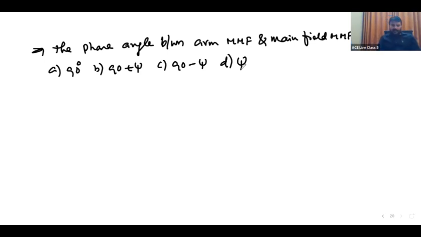The phase angle between armature MMF and main field MMF in an alternator is: A, 90 degrees; B, 90 plus psi; C, 90 minus psi; D, psi. Tell me the answer. What is that angle?